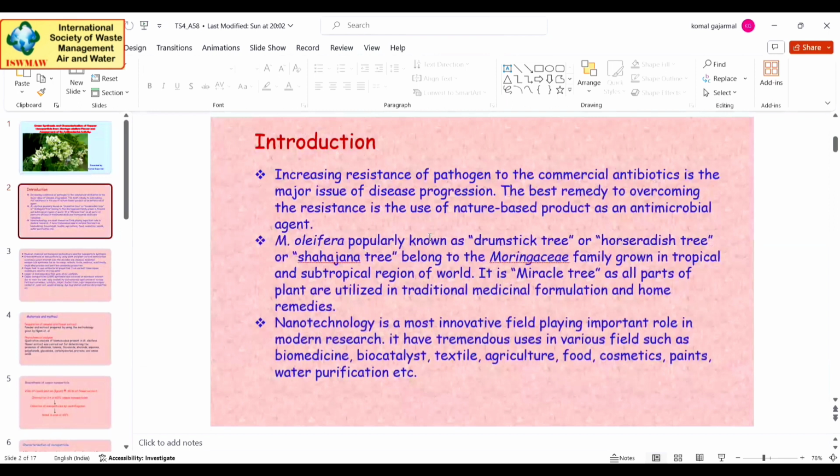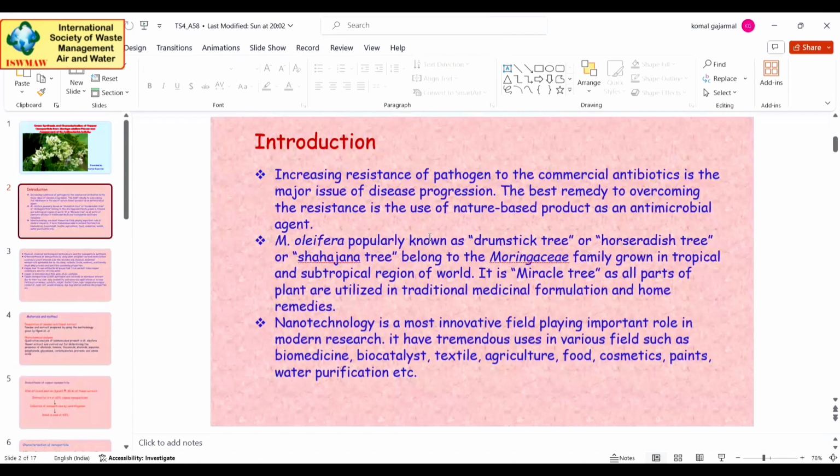Today, the major issue in disease progression is the increasing resistance of pathogens to commercial antibiotics, and to overcome the problem is to search for alternative resources which are eco-friendly. And the best remedy to overcome the resistance is the use of nature-based products as antimicrobial agents.